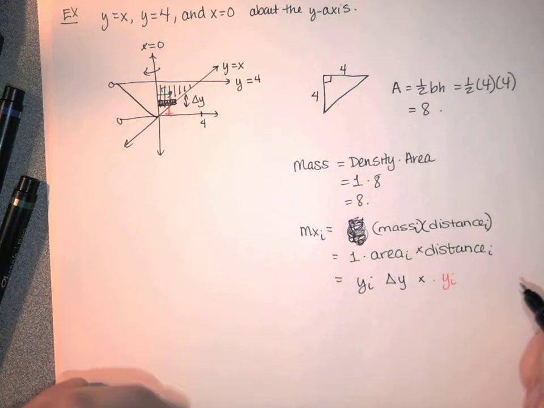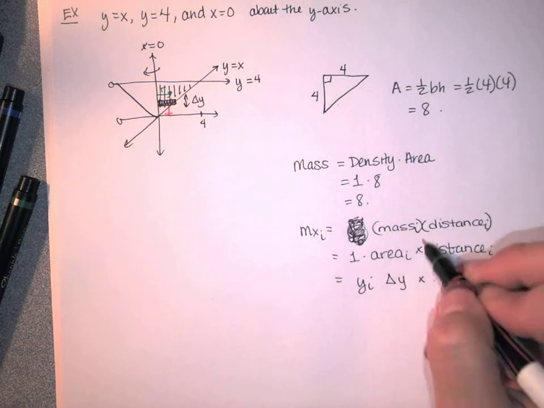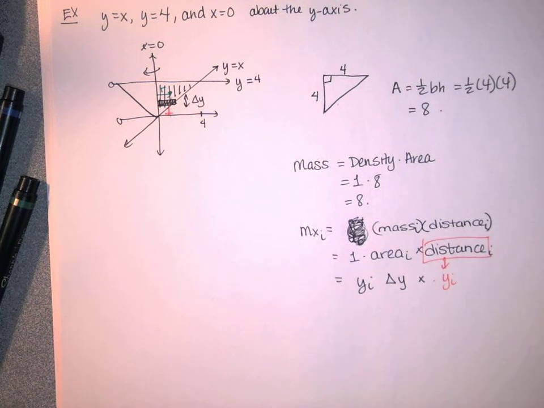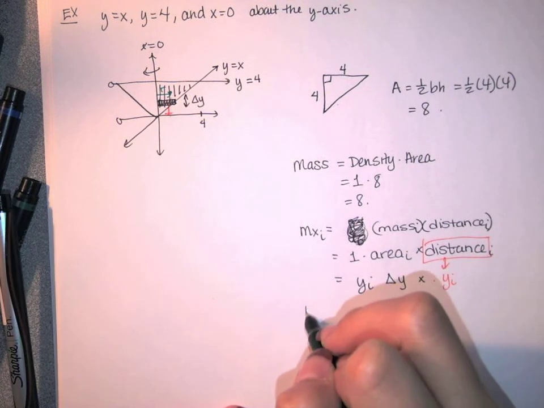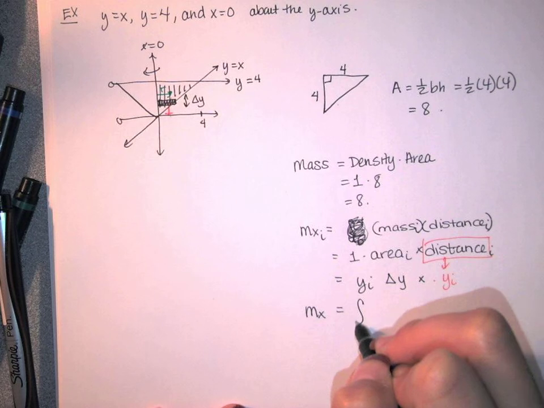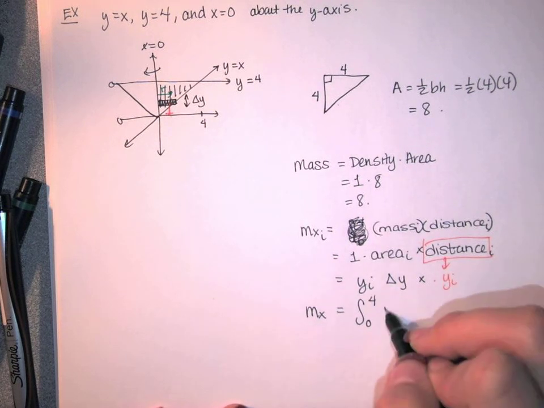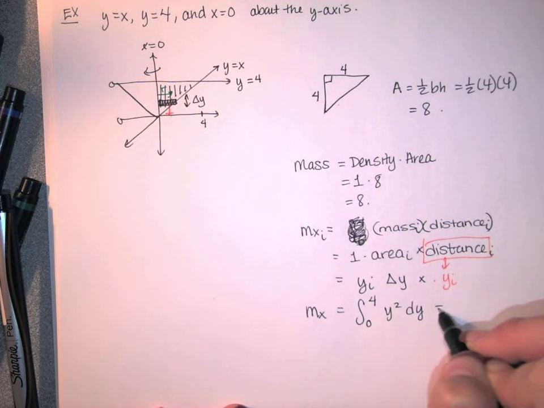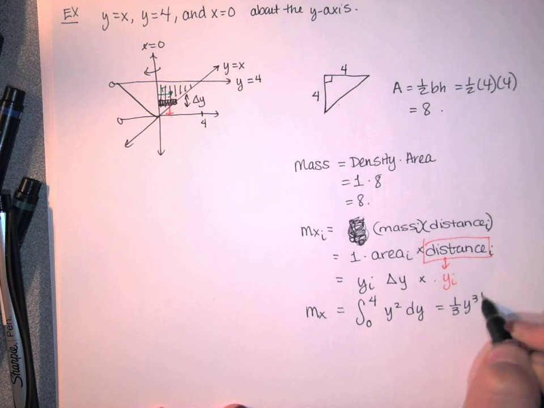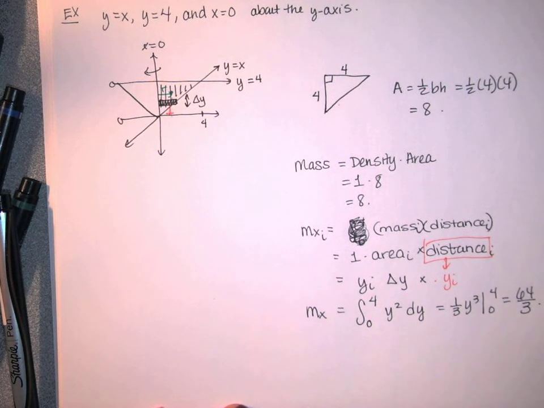So it's just another y sub i. So that's the distance. That's nice. So the moment about the x-axis is just the integral from y equals 0 to 4 of y squared dy. So we get 1/3 y cubed, plug in 0 and 4 and subtract, you get 64 over 3.